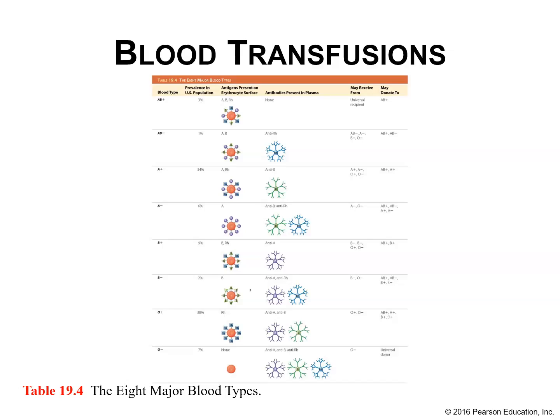So they can donate to all blood types, but they can only receive blood from their own blood type. Whereas AB positive, up here, can receive blood from all blood types, but can donate only to their own blood type. And that's the reason they're called the universal recipient.